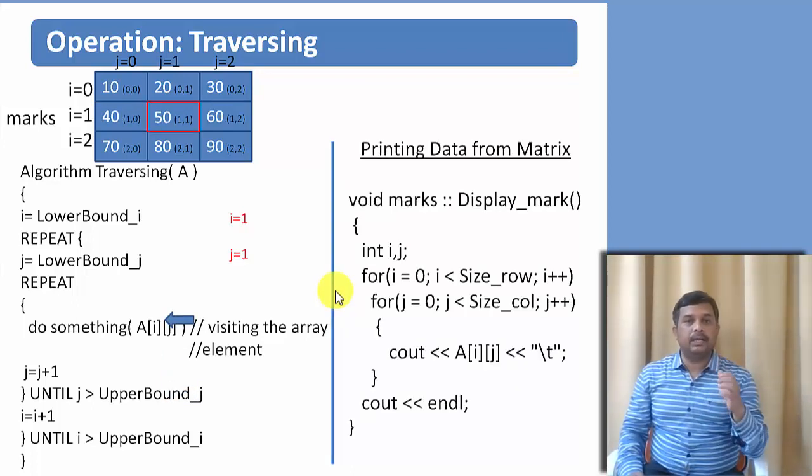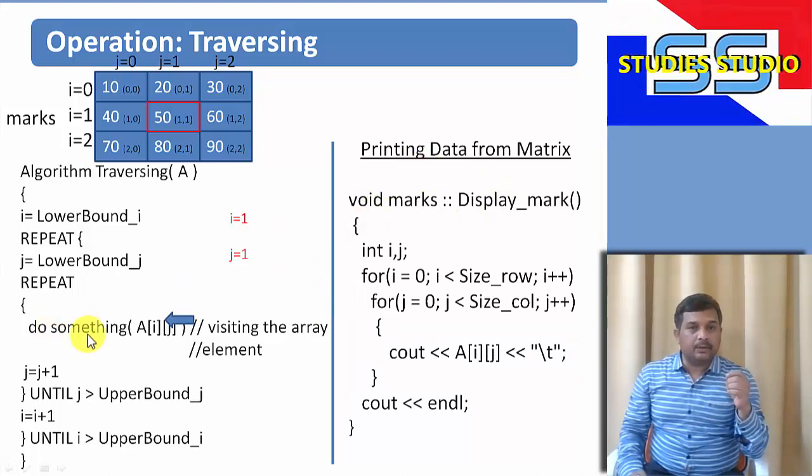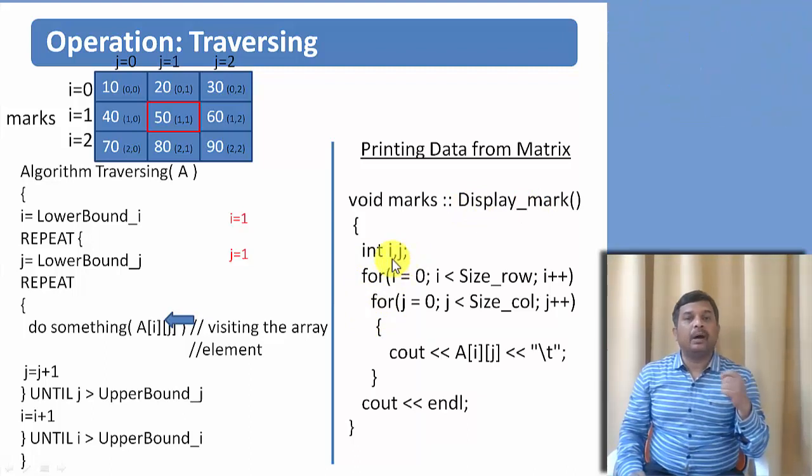Let us see how to print the data. In place of do something, I give a cout statement. Instead of repeat until, I have taken a for loop. Void marks, display of marks. I take two variables, one for row and another for column.